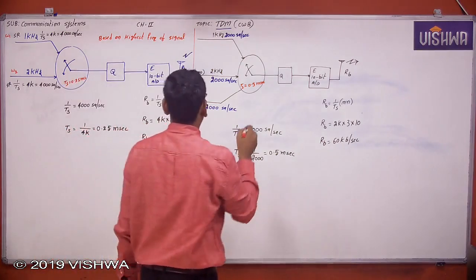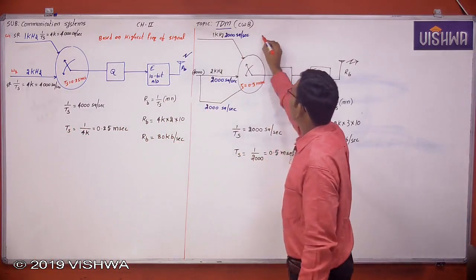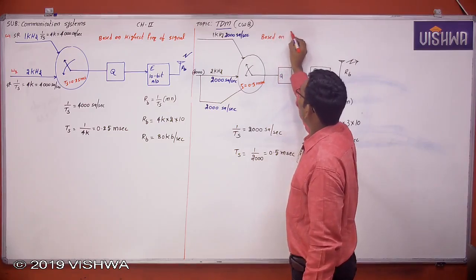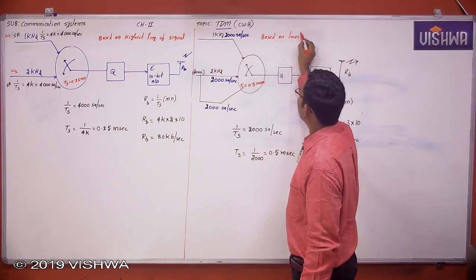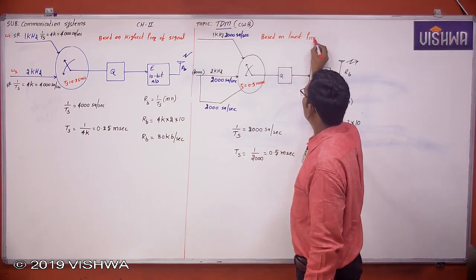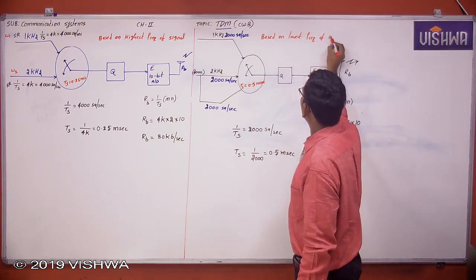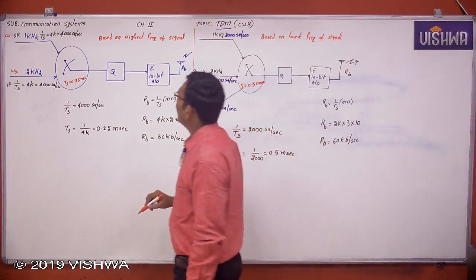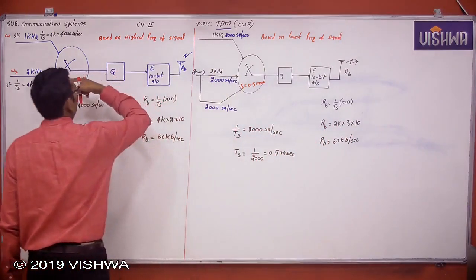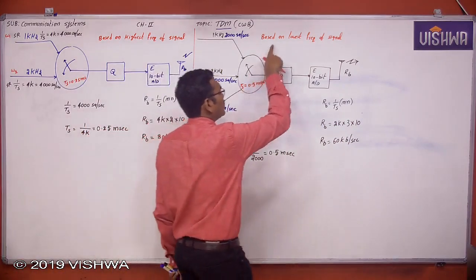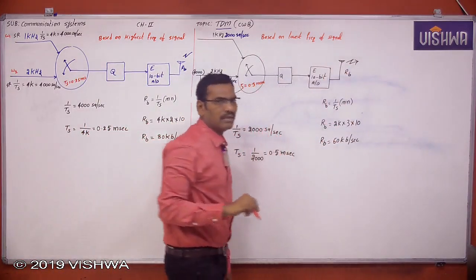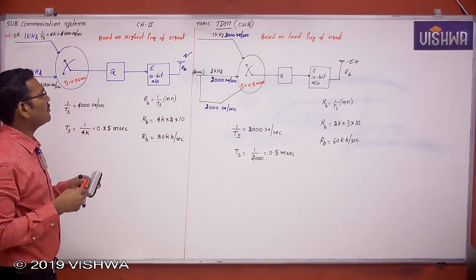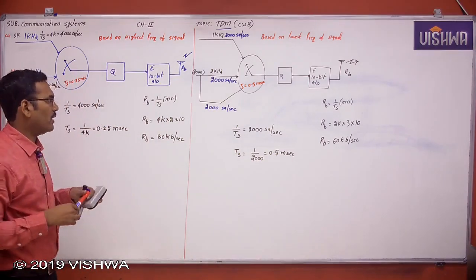And this speed of the commutator is based on lowest frequency of the signal. This commutator is fixed based on highest frequency of the signal, and this speed of the commutator is based on lowest frequency of the signal.